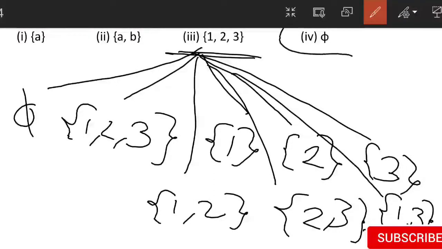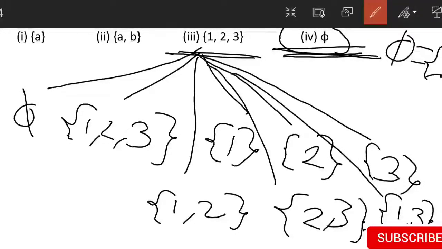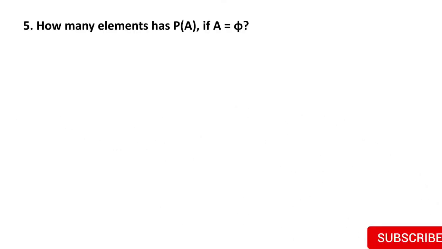What about our last example? Empty set. So phi is a null set. It contains no element. So here there is no choice to take any element from the set phi because it is empty. So empty set has only one subset, that is nothing but phi itself. See the next example. How many elements has P of A if A is empty?